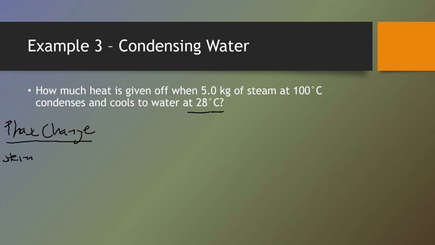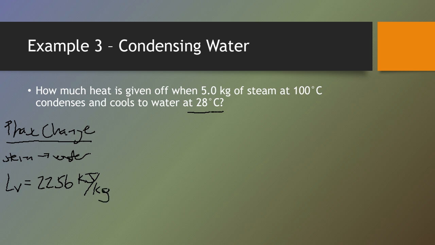So from a gas to a liquid. So we would use the latent heat of vaporization for water to calculate the heat required for this phase change. If you look this up, the latent heat of vaporization for water is 2,256 kilojoules per kilogram.